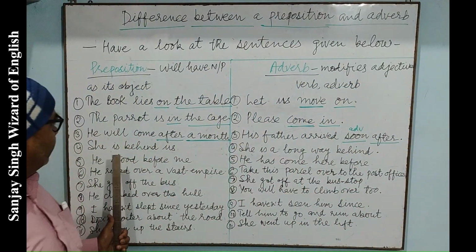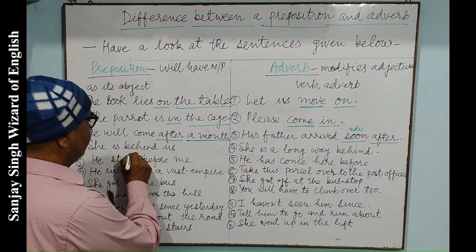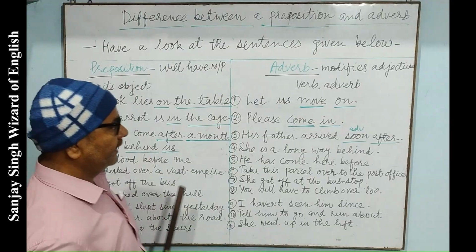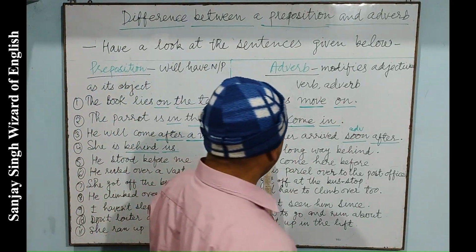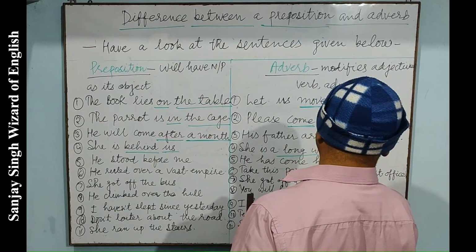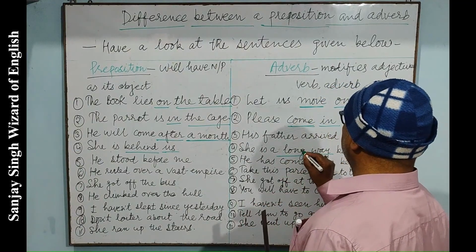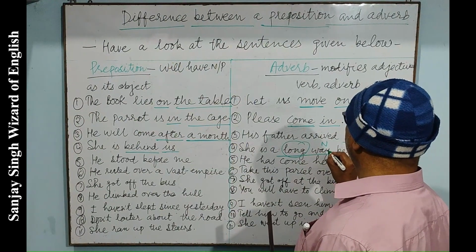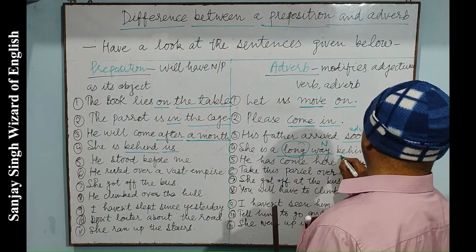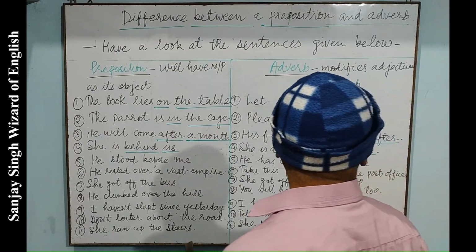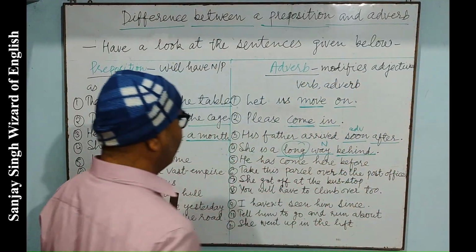Now in the next example, she is behind us. This is the object of the preposition behind. She is a long way behind. Now a long way is an adjective phrase. Here long is qualifying the noun way, and this behind is qualifying the adjective. So here it is used as an adverb.